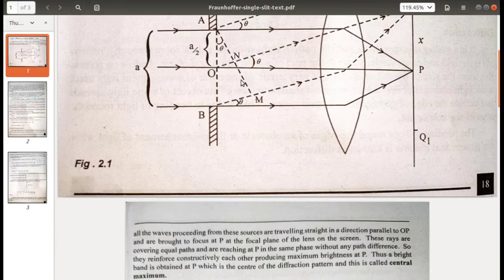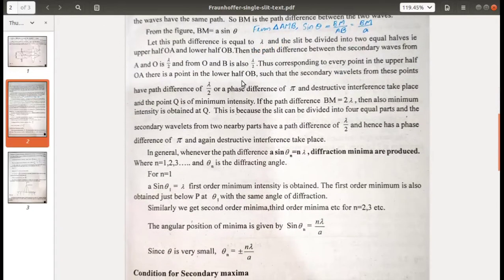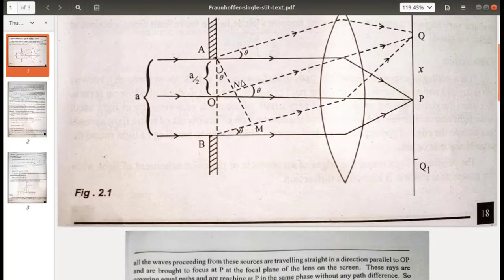of equal parts. In such a case, if you divide the slit into 3 equal parts, for each point in the first part there will be a corresponding point in the nearest second part.